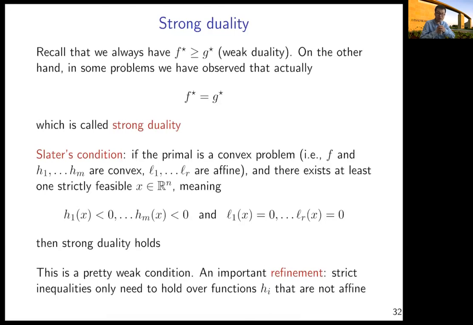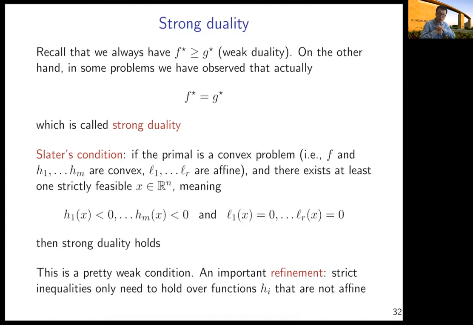Okay, so this is a relatively weak condition. It basically says that the problem is feasible, and not just feasible, it's feasible in the interior. It doesn't say anything about whether the optimal solution has the inequality constraint being tight, but it just says that there exists a feasible solution, which is often very easy to construct.